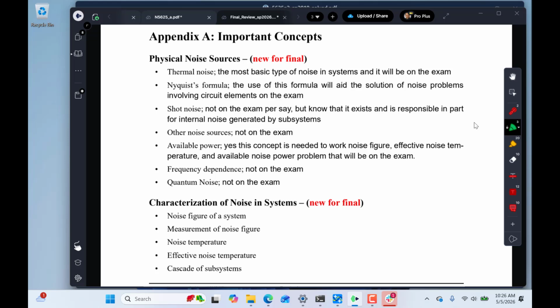At any rate, physical noise sources, what do I have written down here? Thermal noise, Nyquist formula, short circuits question. So really what we're doing is we're going to X out that. Thermal noise, very first part of Appendix A, pretty simple, straightforward stuff, and you have practice on that. Nyquist formula, I've used that on the final before.